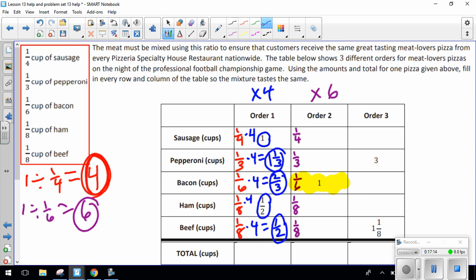So what I'm going to do for the second column now is multiply everything by 6. Because I know that if I take 1/6 and times it by 6, check it in your calculator, you're going to get an answer of 1. So I'm going to go through each of these purple fractions and times them all by 6.